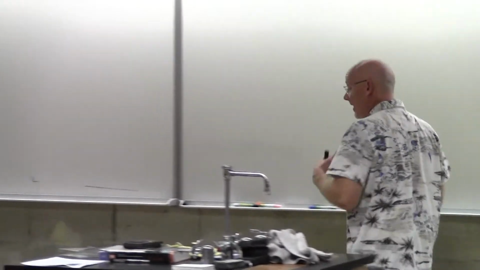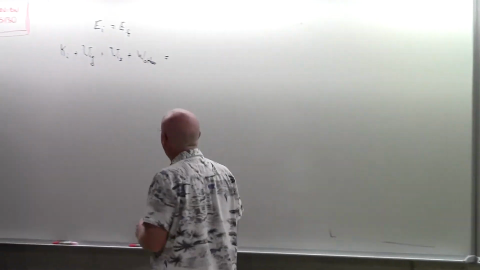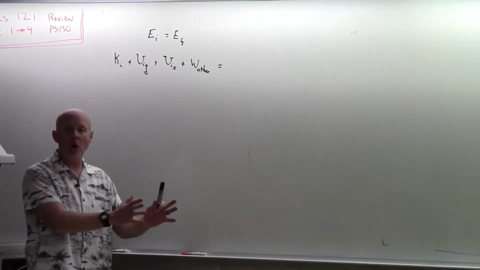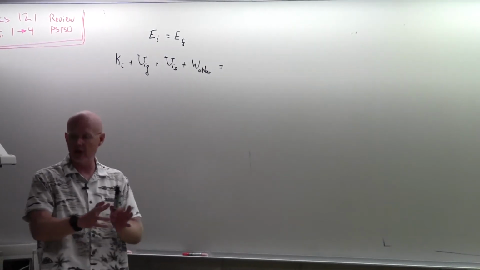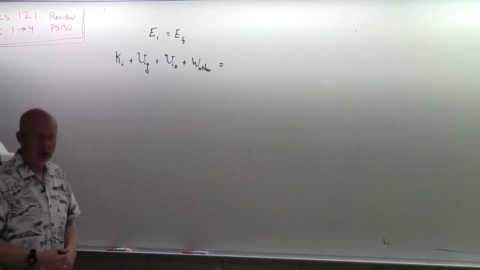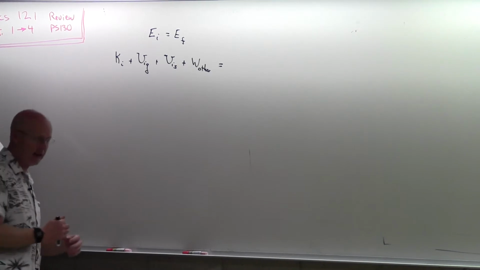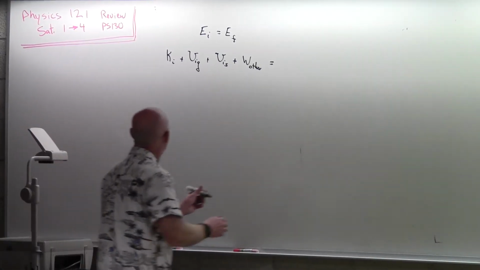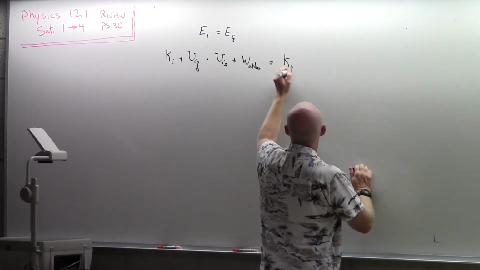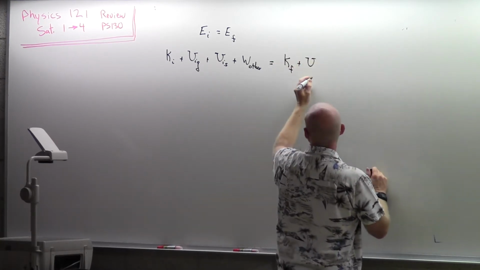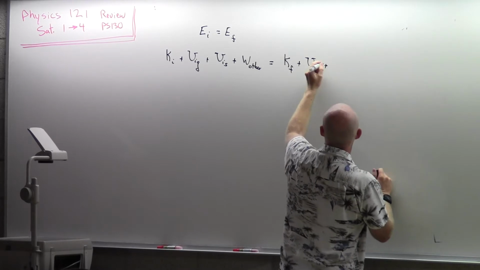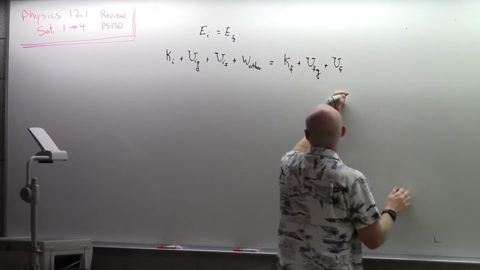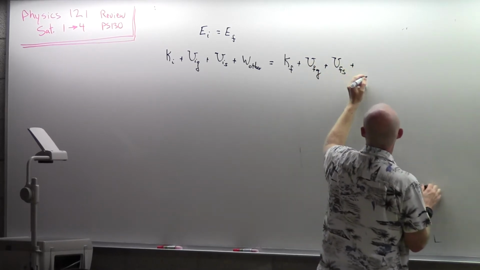And so, again, I'll use the word initial and final, but that's not exactly what is meant in all of this. It is meant that the energy at one point is equal to the energy at another point. We'll just call one point initial and another point final, but they can be anywhere. I can continue on here because then we would have the final kinetic, the final gravitational potential energy, the final spring, and the heat.